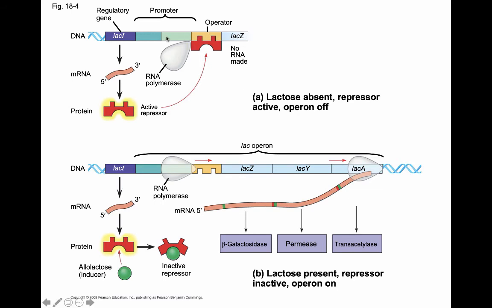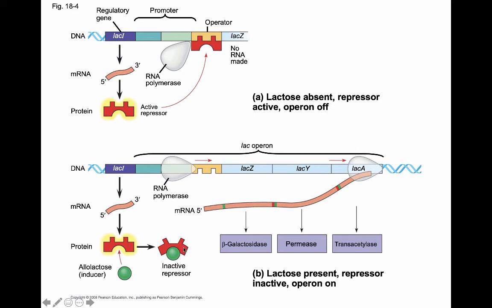The operator is between the promoter, where the RNA polymerase enzyme can bind, and the actual genes themselves. And so when there's no lactose in the cell, repressor protein binds to the operator, RNA polymerase is blocked, and no genes are transcribed. And that's what the cell would want. Don't switch on the genes if those proteins have nothing to do.